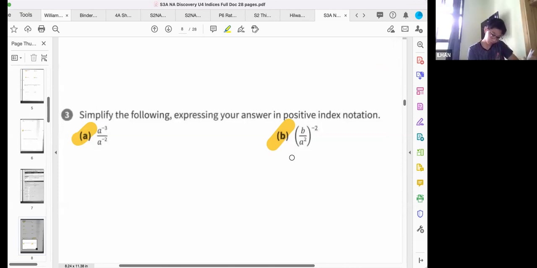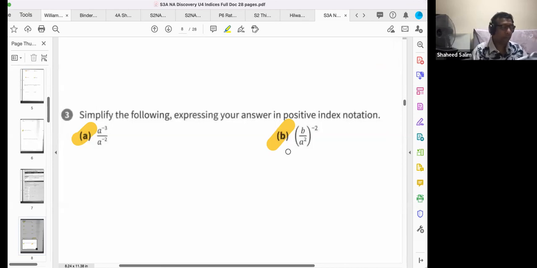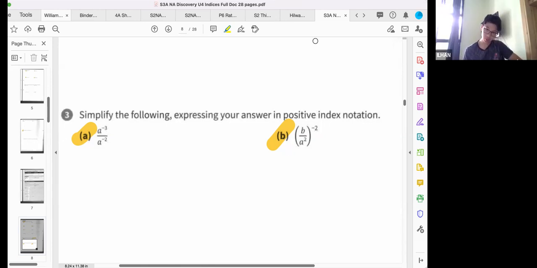One over A. 1 over A, well done. For B, one over AB square.